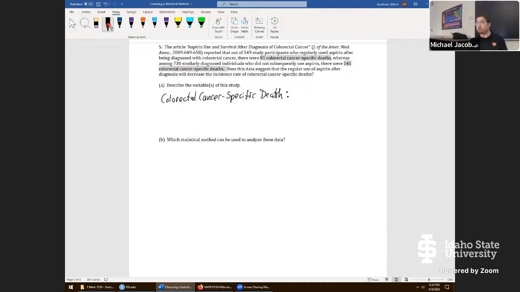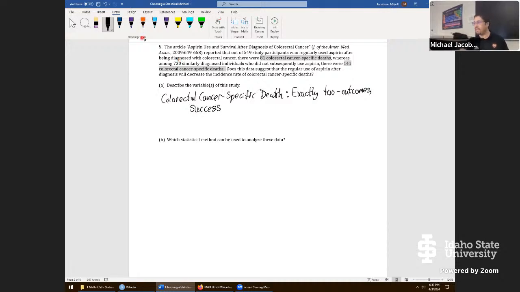We would definitely call this categorical since we're just taking all of the participants, the 549 here, the 730 there, and just categorizing them. Did you pass away due to your condition or to other causes? So this would have exactly two outcomes: success.